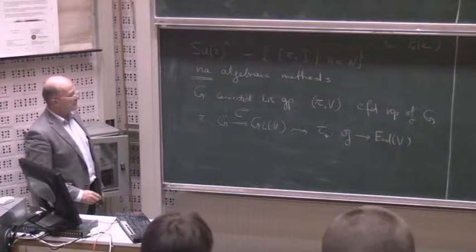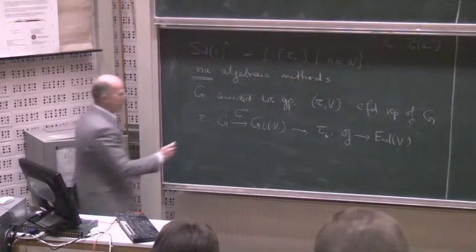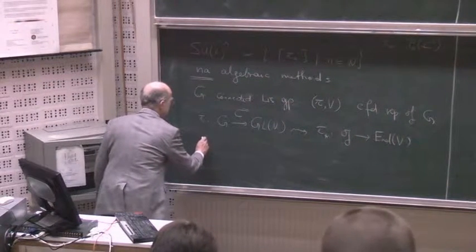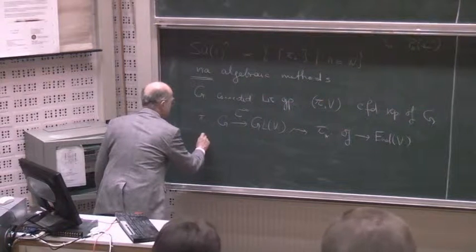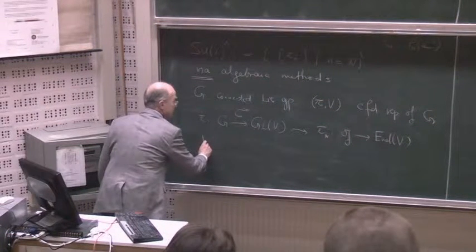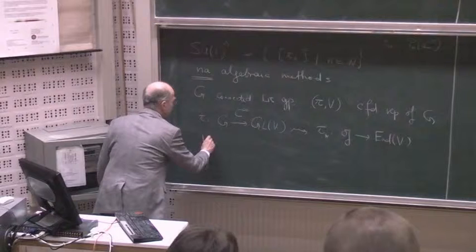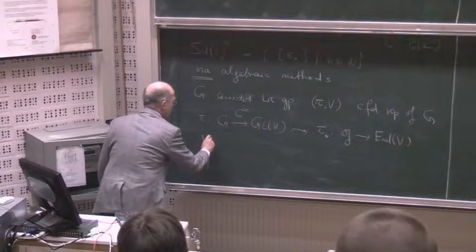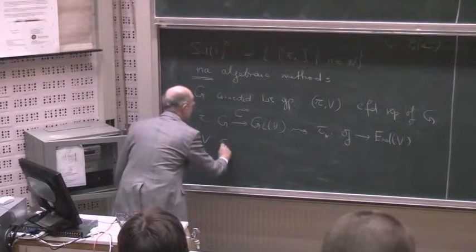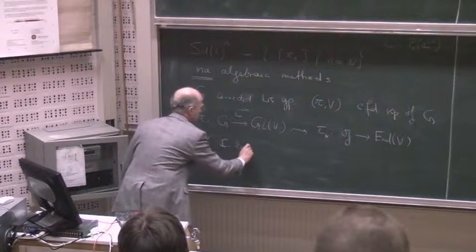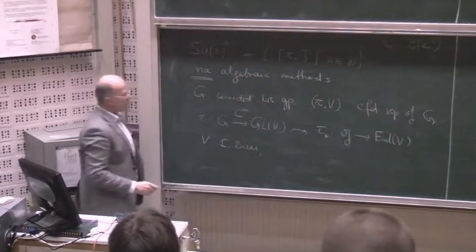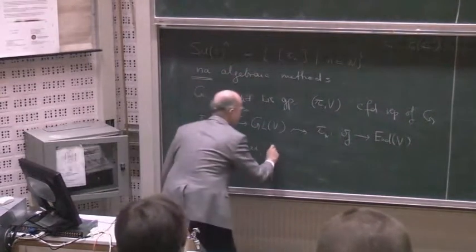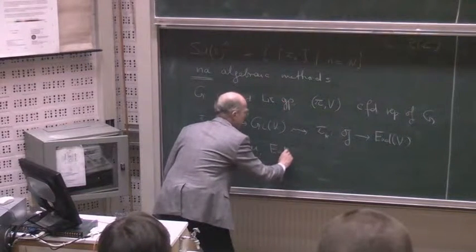Now, recall that V is a complex linear space. And therefore, the space of endomorphisms is also complex linear.